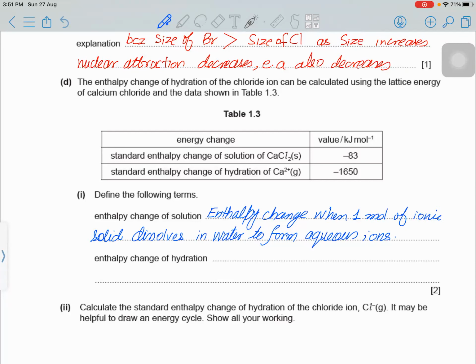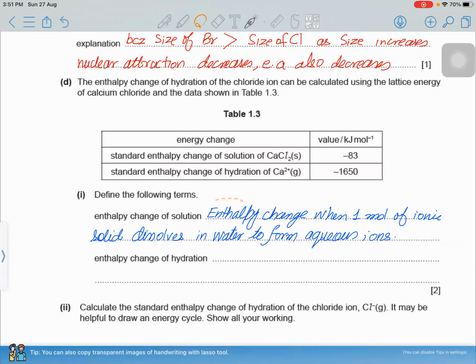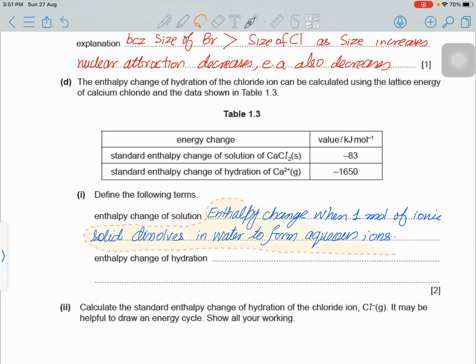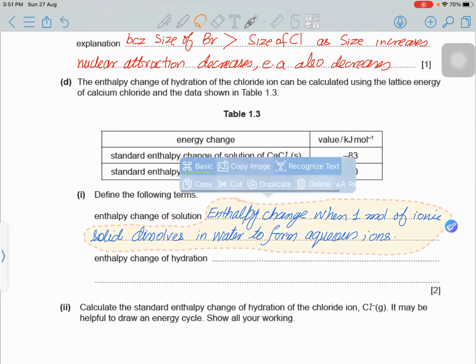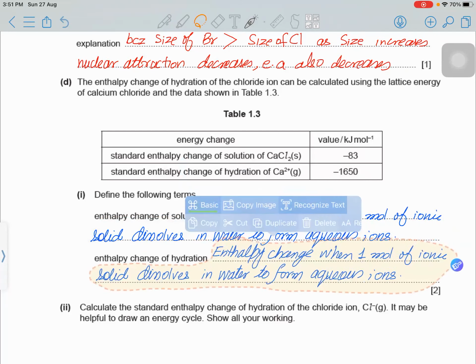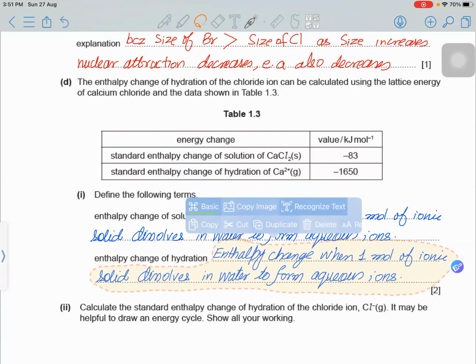And what is hydration? Sir, enthalpy change when 1 mole of gaseous ions dissolve in water to form a dilute solution.